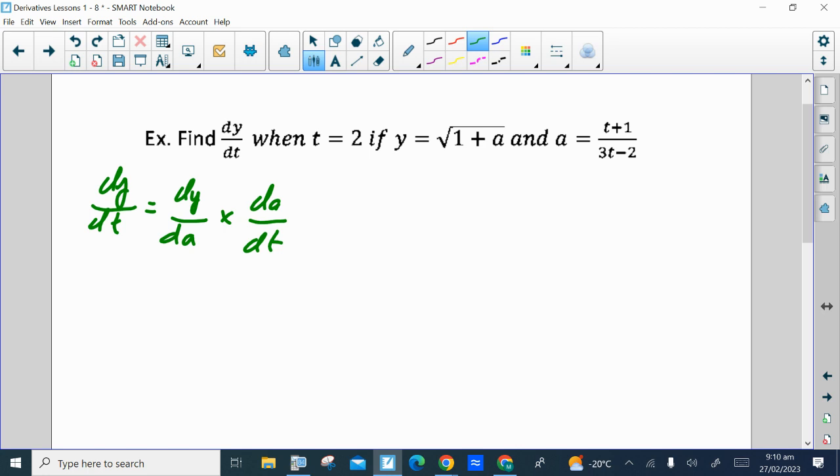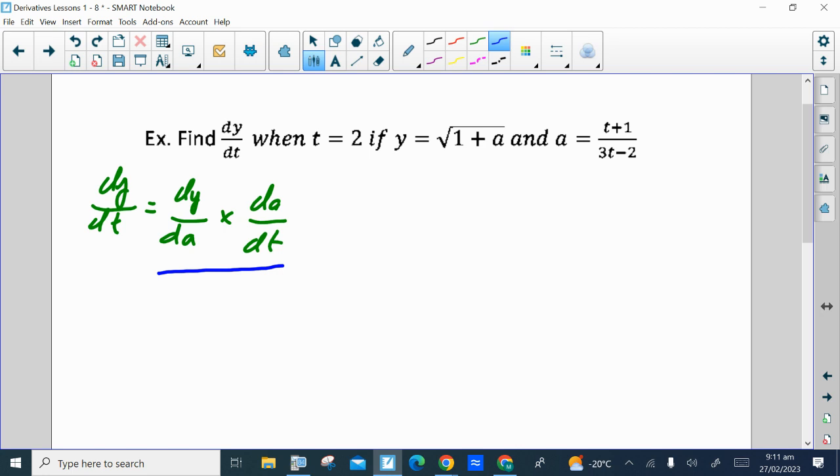So the derivative of that would be the derivative of a with respect to t, dA by dt. And if you look at this expression that we've written here, you could cancel the dA's and you'd be left with dy by dt, which is what the left side is. So that shows that this is an equivalent expression. If you cancel the dA's on the right there, you're left with dy by dt.